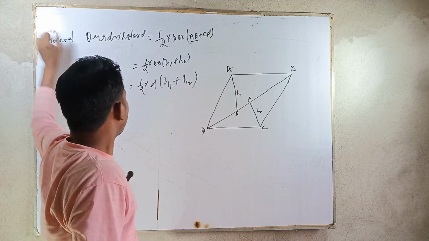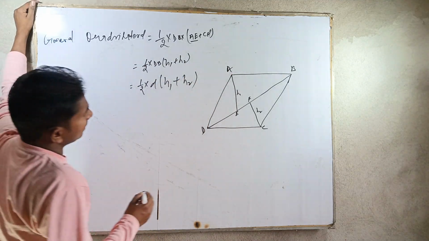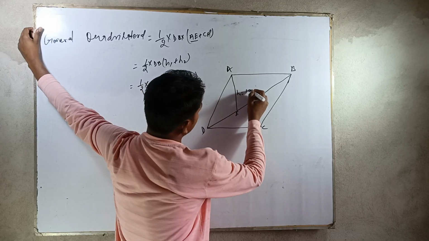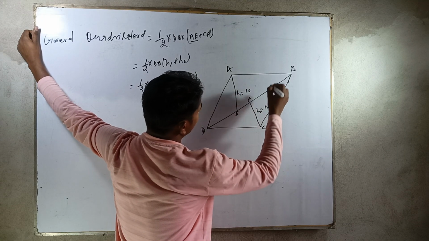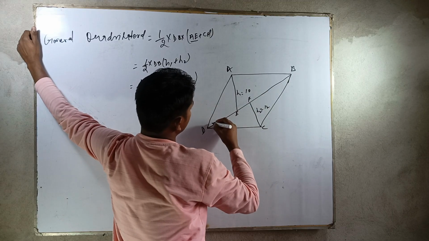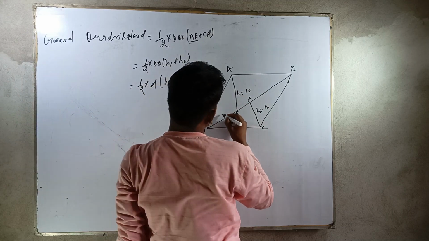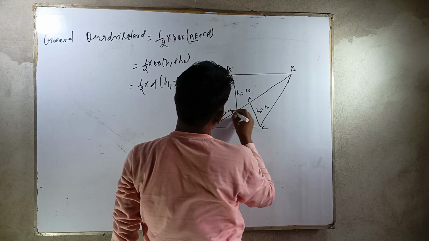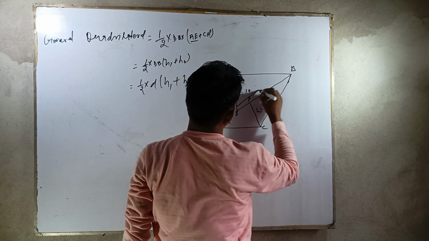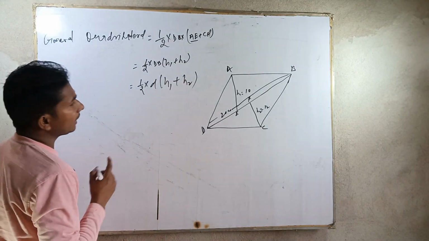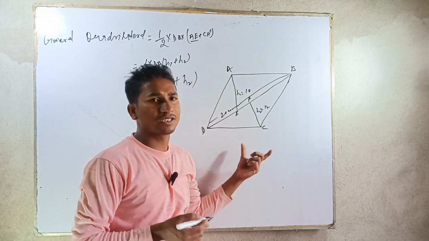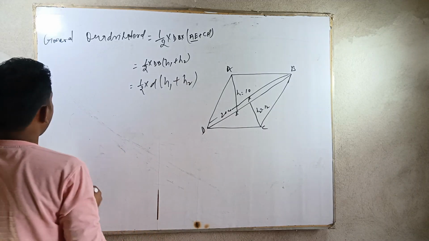Suppose H1 is given as 10 centimeter, H2 is 12 centimeter, and the diagonal is 20 centimeter. Then how will I find out its area?